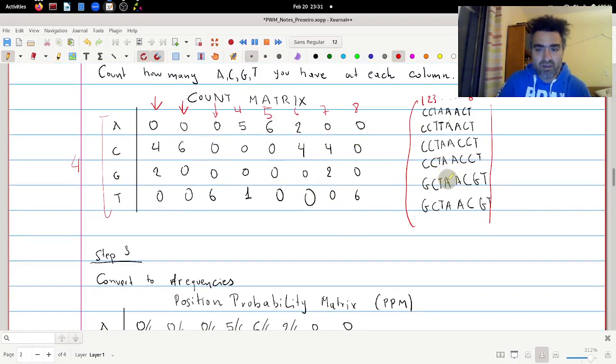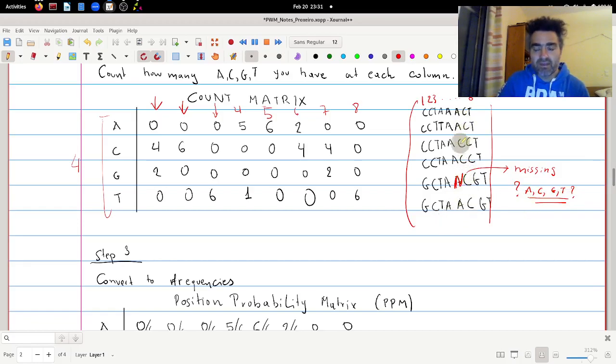Let's imagine that here some information is missing, so instead of A we have the letter N. Now N means missing for DNA. Missing means that we don't know if it is A, C, G or T. We don't know which of the 4 letters it is, and we just put an N here.